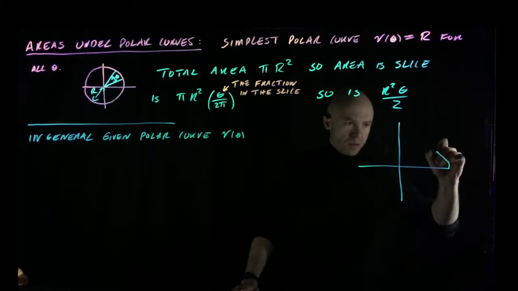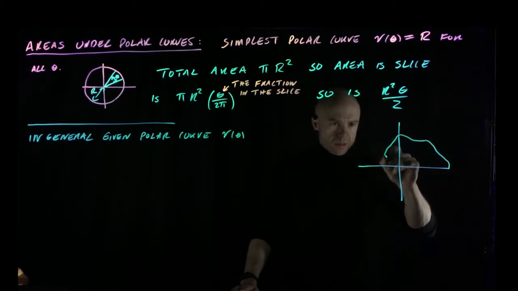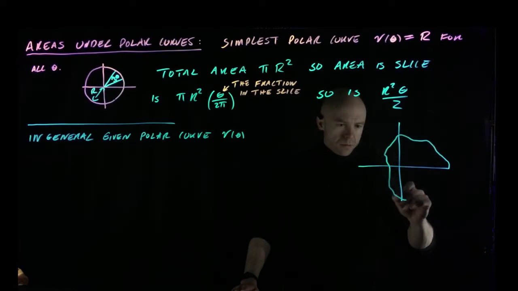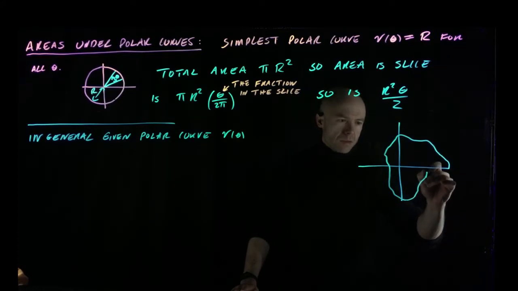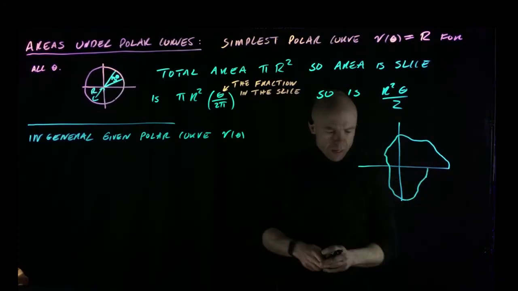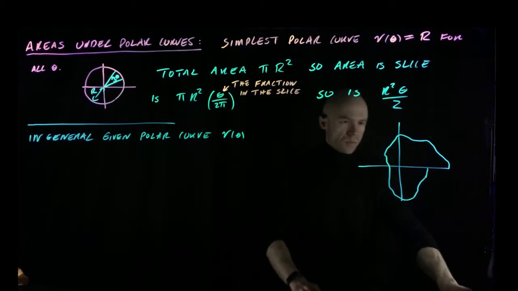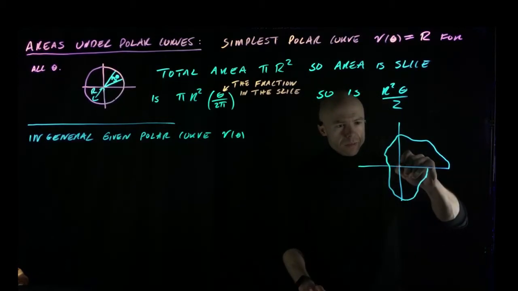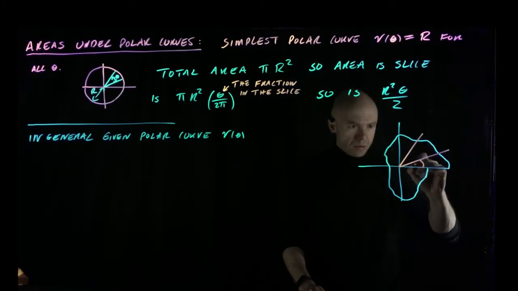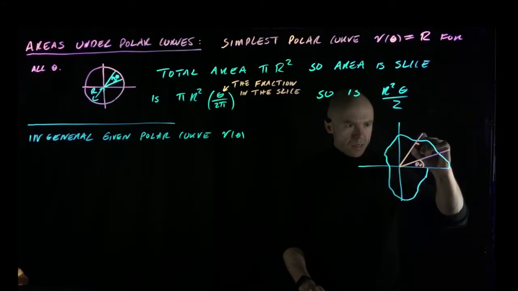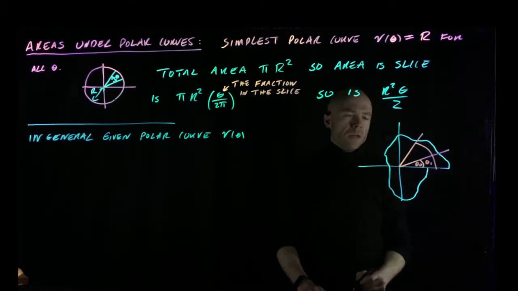So this could be our polar curve, whatever it's doing, something like this, say. It doesn't have to end where it starts. And we might want to know how much area there is between some angle like this and some angle like this. So this could be angle theta 0 and this could be angle theta 1, right?